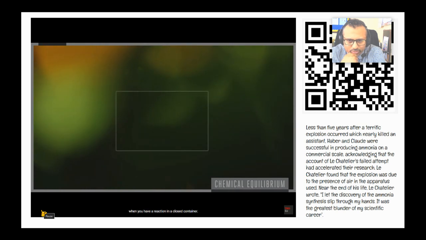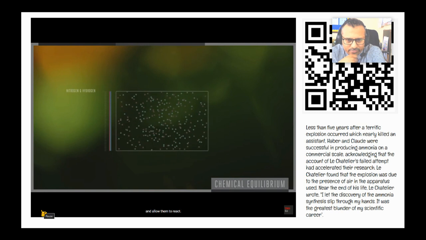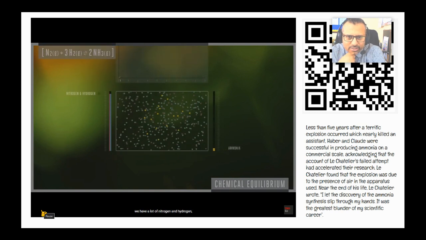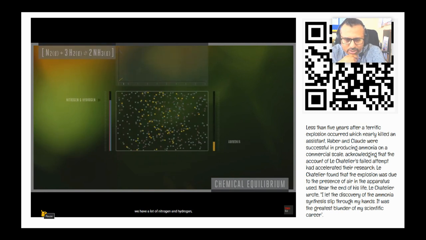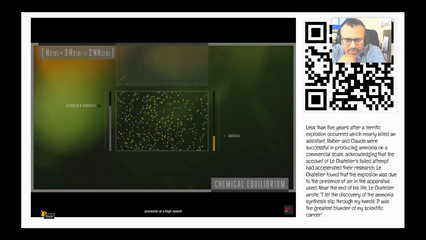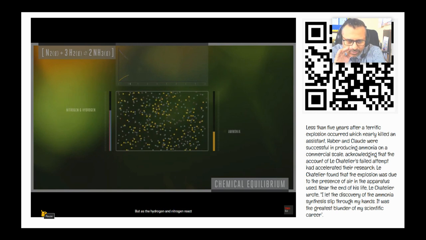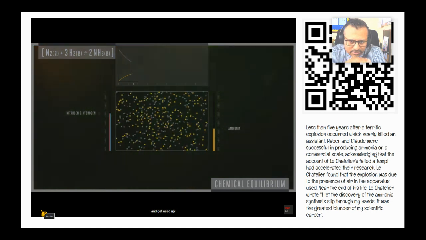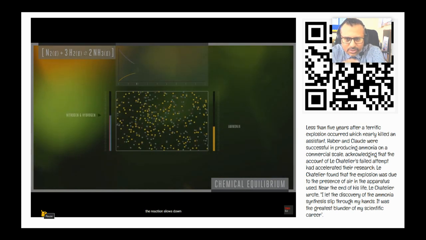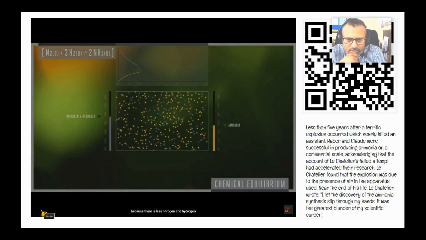So we start off with chemical equilibrium in order to build our understanding. When you have a reaction in a closed system, in a closed container, if you start off with hydrogen and nitrogen in a closed container, if you allow them to react under certain conditions where you have the temperature high enough for the reaction to start, you actually start finding that your nitrogen and hydrogen start to diminish and your ammonia concentration increases.